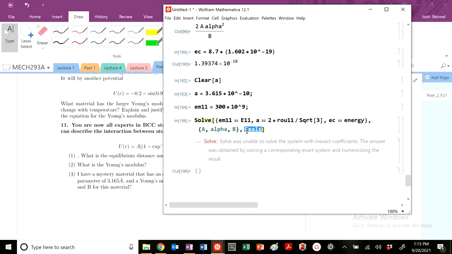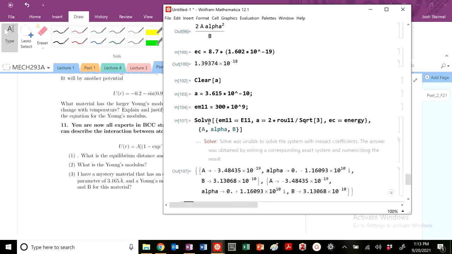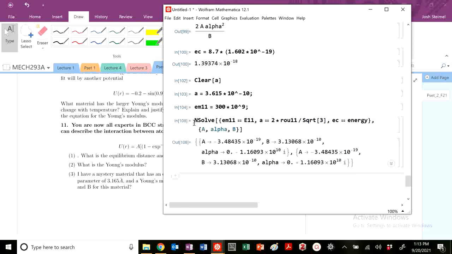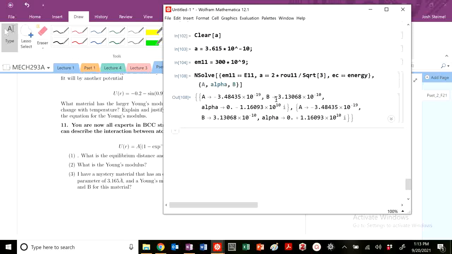So let's go ahead and solve that numerically. Solve it. And we can see some kind of nasty values here, but we have got our values.